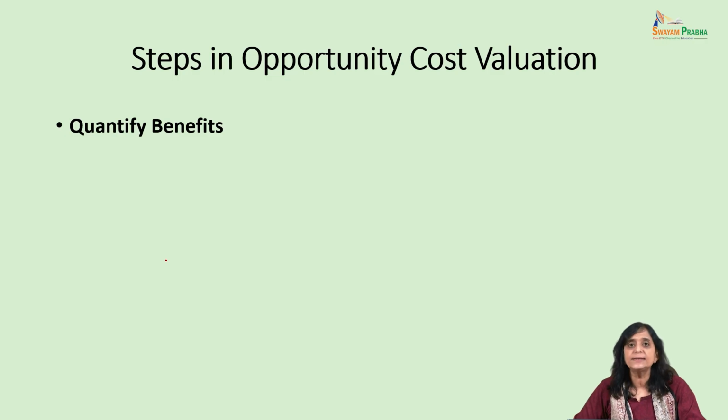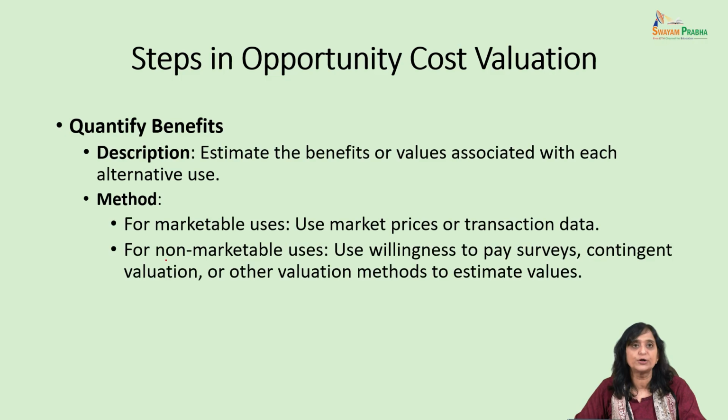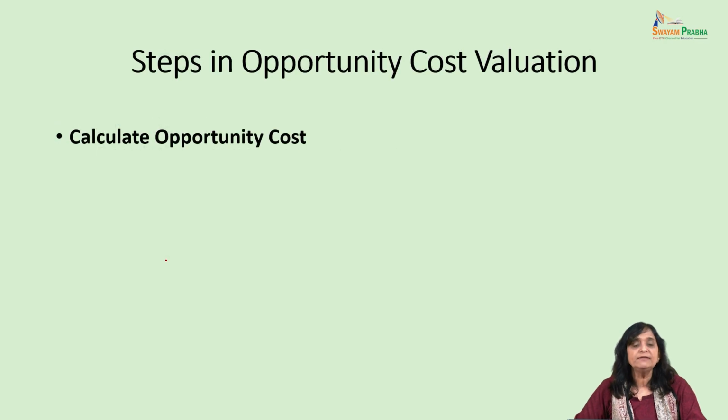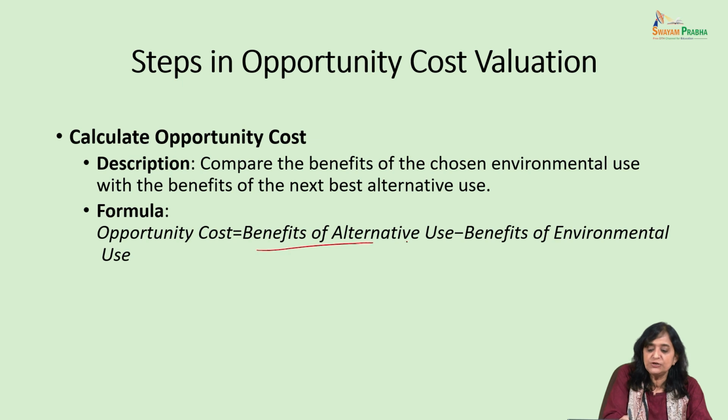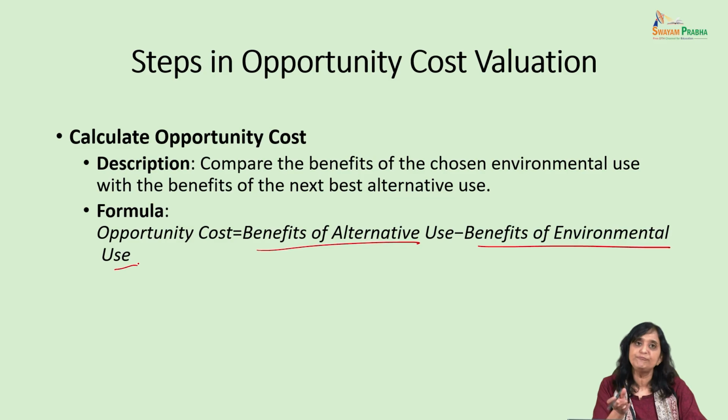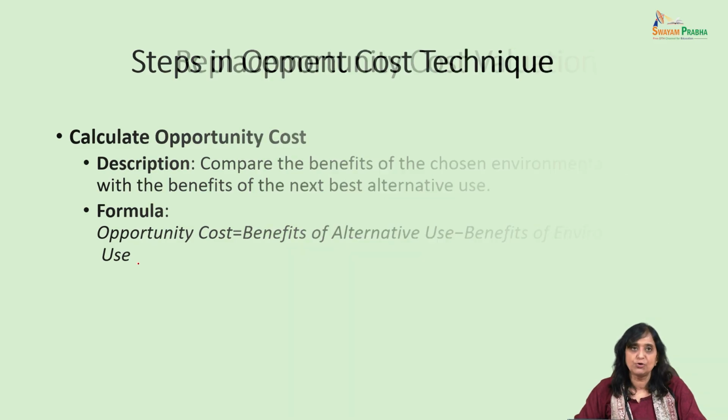Once you understand the alternative uses, you have to quantify the benefits because you have to give certain monetary value. So we estimate the benefits of all the values associated with various alternative uses. For the marketable values, you will use market price. For non-marketable values, we are going to use the willingness to pay method. Then you will calculate the opportunity cost, which is basically the benefits of the alternative use and the benefit of environmental use. That gap will give us the opportunity cost.